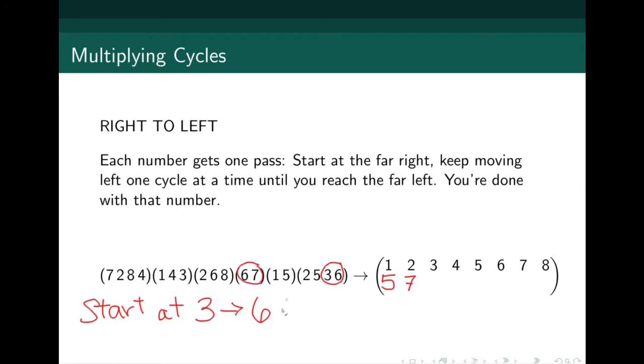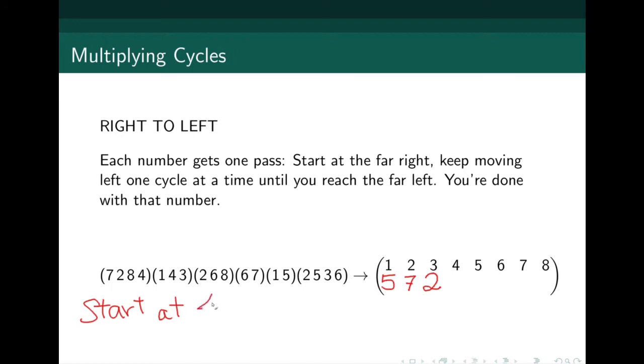Then the 6 goes to 7. Nothing happens to the 7. Nothing happens to the 7. And finally, the 7 goes to 2. So we started at 3 and we ended up at 2. So 3 goes to 2 in our two-row notation.